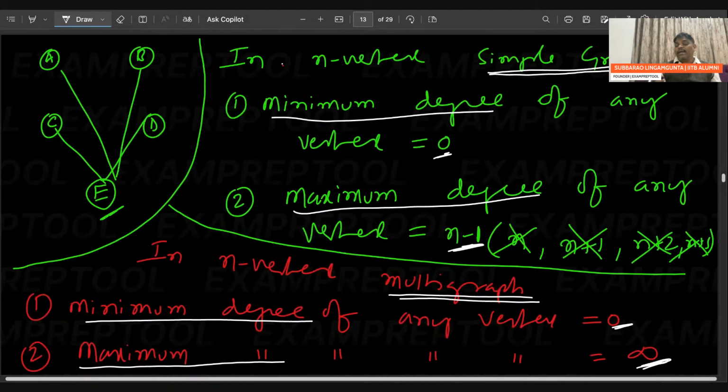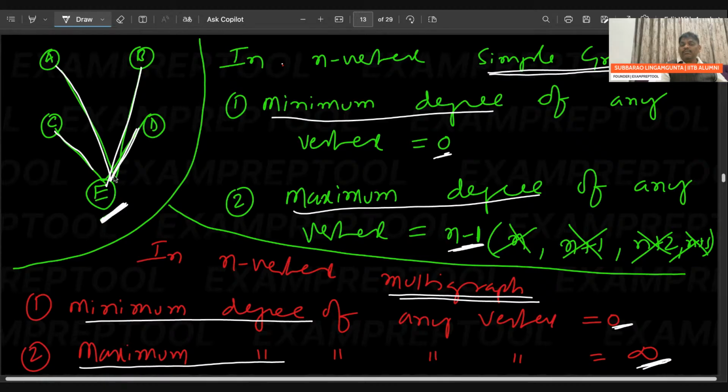I am saying the maximum degree, the minimum degree. If I keep the maximum degree, he is adjacent to, he is connected with other people. He cannot connect himself, he will be connected with other people. I think total 5, other means 4.